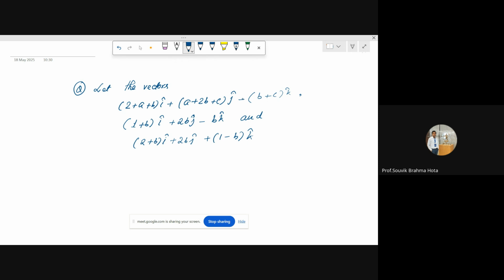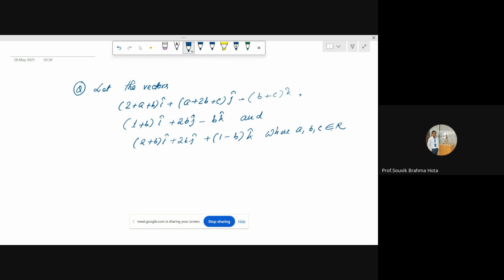Okay, where a, b, c, that is abc, all belong to the real numbers. This symbol denotes belongs to real numbers. That means a, b, c are real, not imaginary.